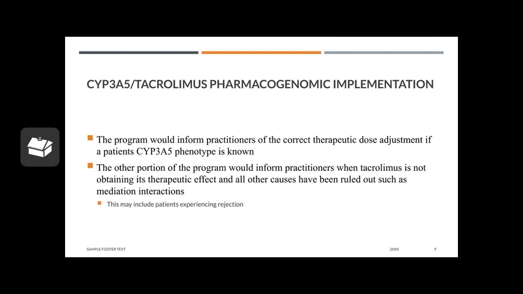That means if they are known to be an extensive metabolizer, the physician would know to multiply their dose by 1.5 to 2. The other portion of the program would inform practitioners when tacrolimus is not obtaining its therapeutic effect and all other causes have been ruled out, such as medication interactions. This may also include a patient experiencing rejection.